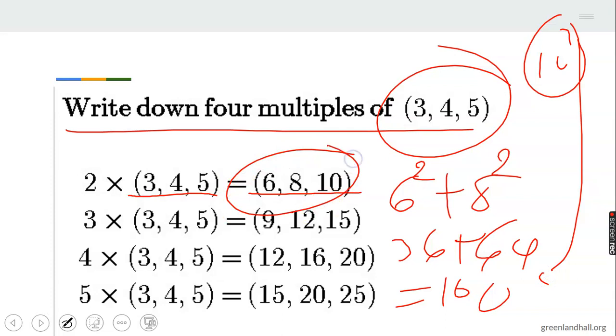You can see the same thing applies. When you multiply 3, also 4, 5, this is what you have. That is how to write down multiples of a Pythagorean triple. You can do the same thing for any other Pythagorean triple, provided the sum of the squares of the first 2 numbers equals the square of the third number.